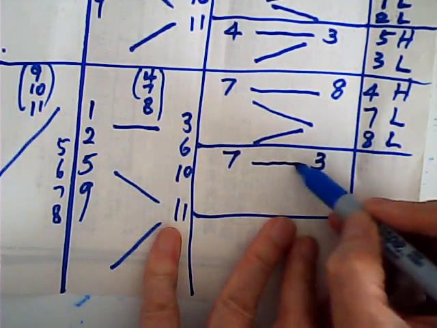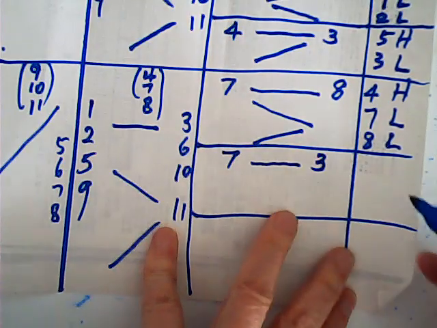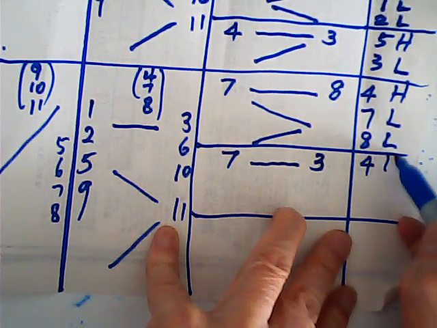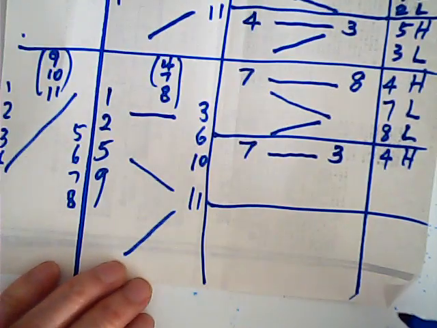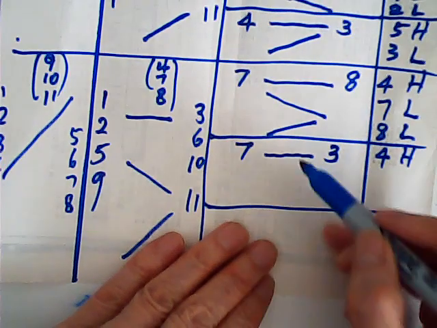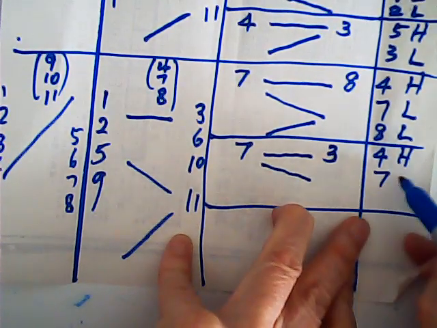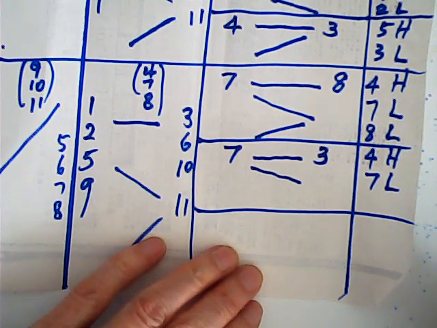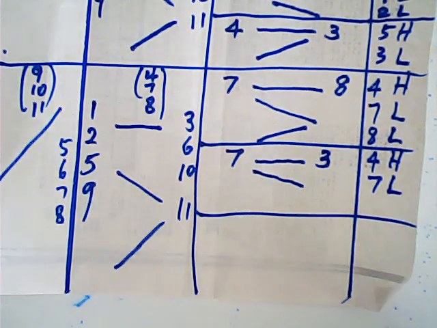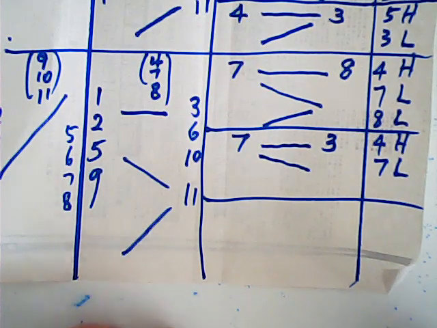If they are equal, then I know that 4 is heavier. If it shows this way, I know that 7 is lighter. Right? That's it, because there are no other possibilities.